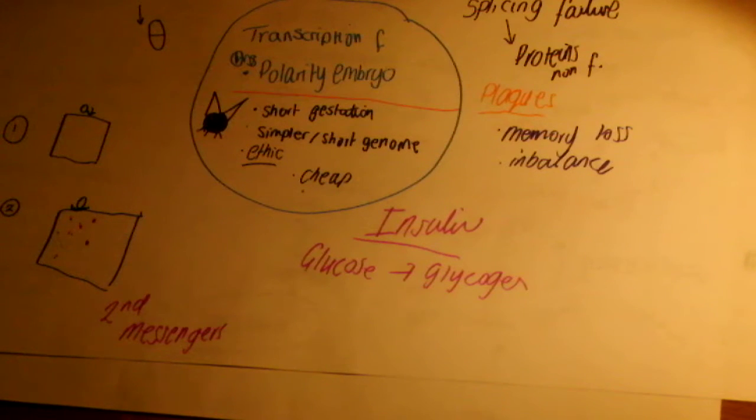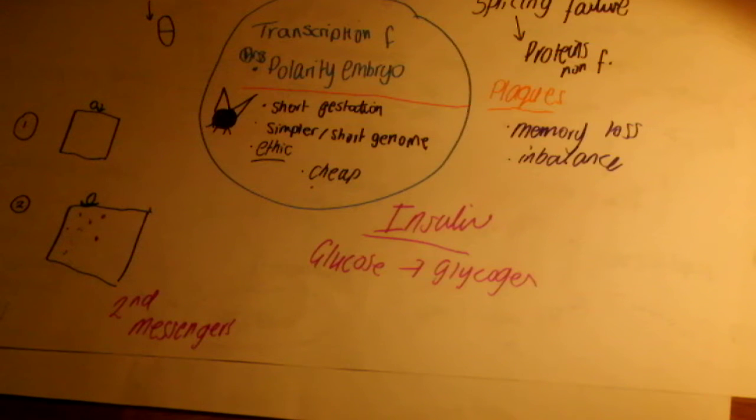This is in the liver most of the time, and also in muscles for short, quick energy responses. Lipid hormones can diffuse easily through membranes. So most of the hormones are lipid, so they can diffuse straight through the membrane. Estrogen is not lipid, so it can't diffuse, so it can't pass through the membrane.